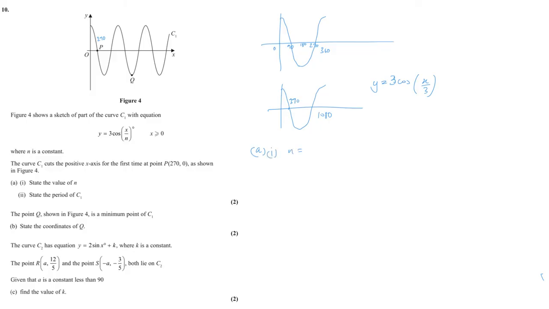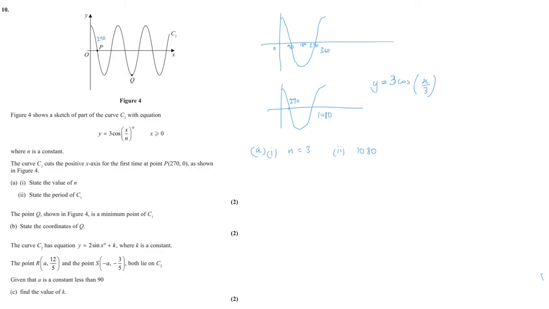So n equals 3. And remember to use 3 and not 1/3 there, because in terms of the equation they're giving us, n is on the bottom. The period is 1080, because this graph is going to take 3 times as long to complete one full period. So that's part A done.